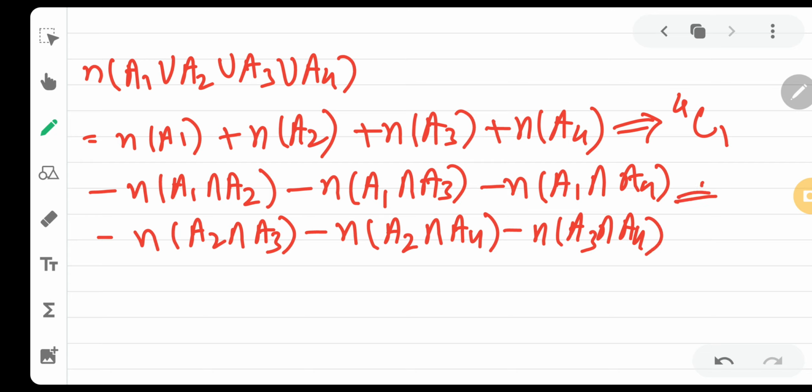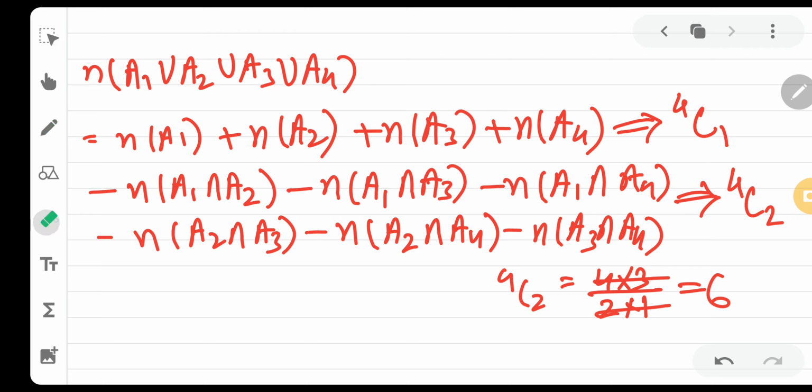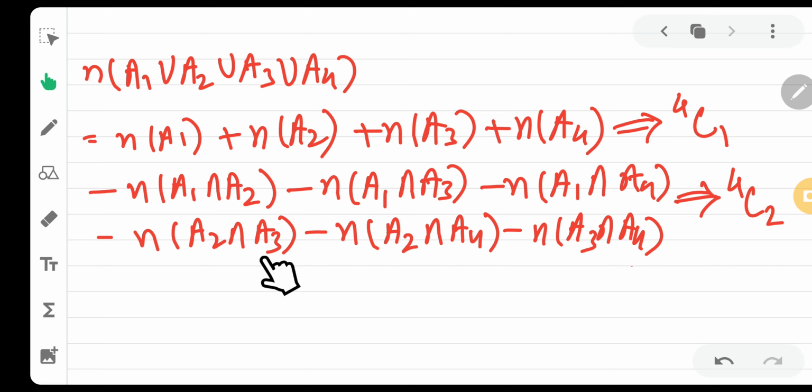So 2 sets have to be taken at a time for intersection, so there have to be 4C2 possibilities. Now let me solve 4C2. 4C2 comes out to be 4 into 3 upon 2 into 1. Cancel this, you get 6 possibilities, right? Let me check whether there are 6 possibilities or not: 1, 2, 3, 4, 5, 6. Yes, there are 6 possibilities. So our formula is right.